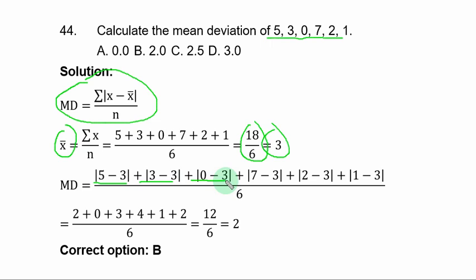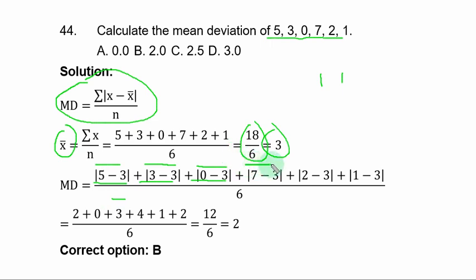What you must note is that the symbol of absolute value changes all negative signs to positive, while positive remains the same. So from here, 5 minus 3 is 2. 3 minus 3 is 0. 0 minus 3 is minus 3. The symbol makes it to be positive.